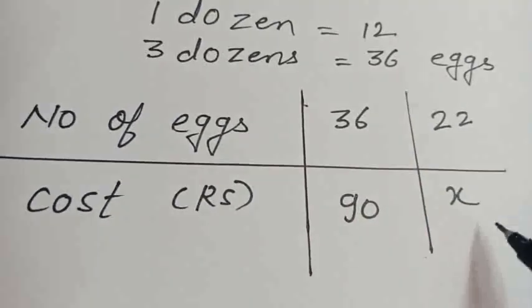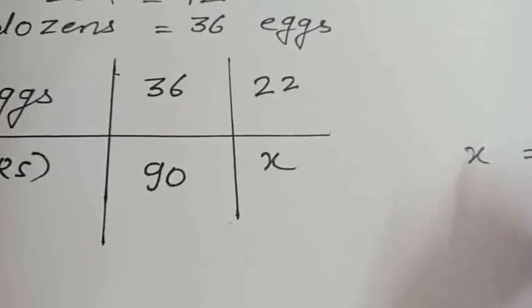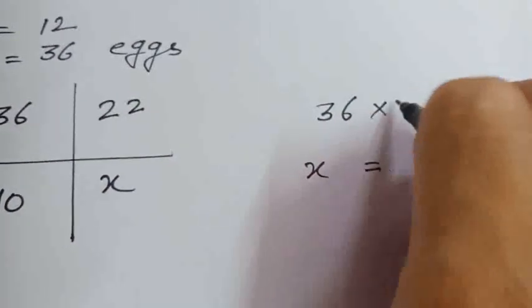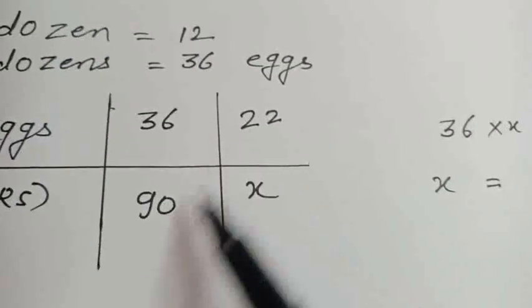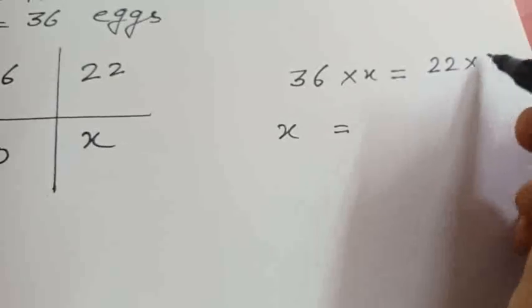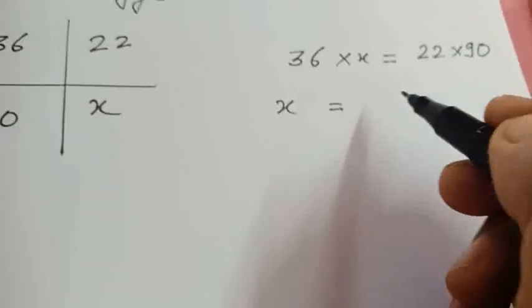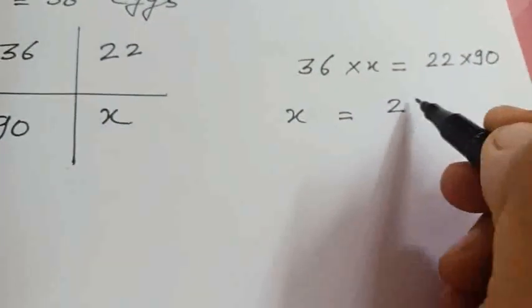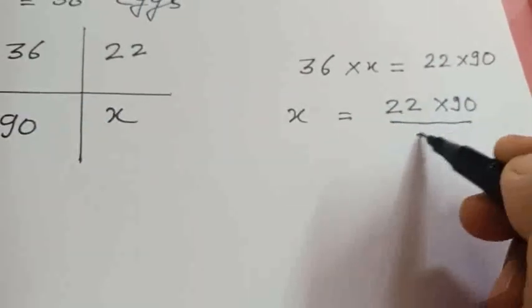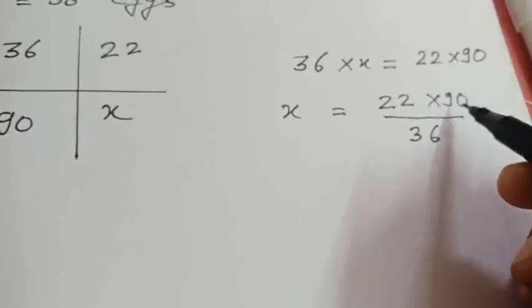So we will cross multiply. So we will write 36 into x is equals to 22 into 90. And then this x will be 22 into 90 upon 36. Then cancel out.